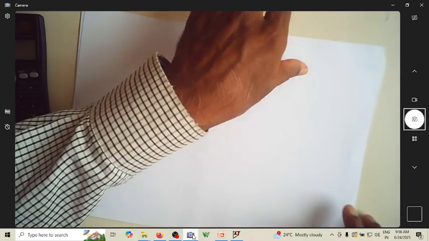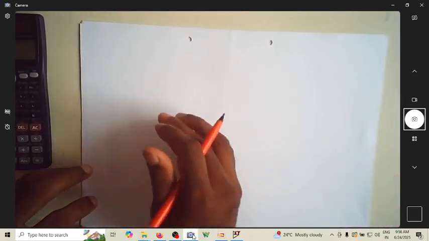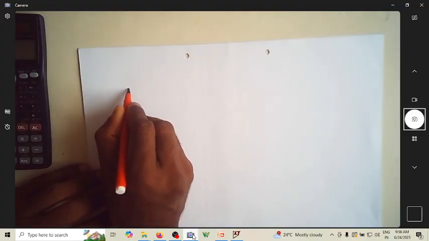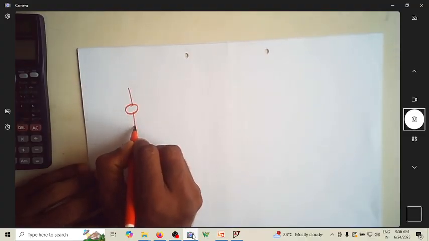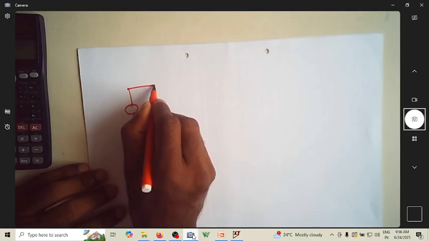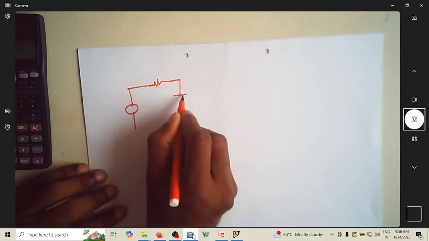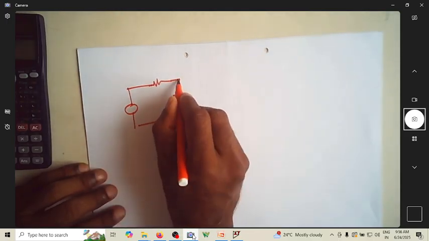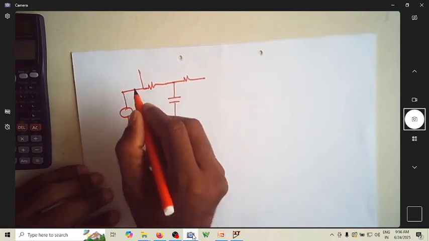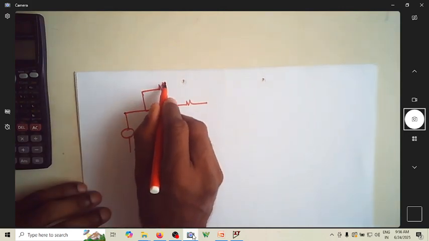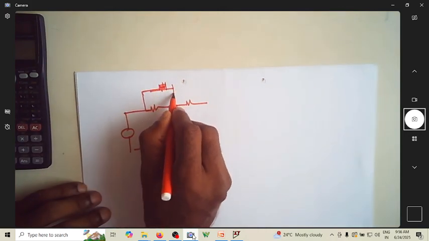Next, we shall move on to one more circuit where you can think of a bit more complex circuit. So I can take this as this, or maybe a capacitor here.